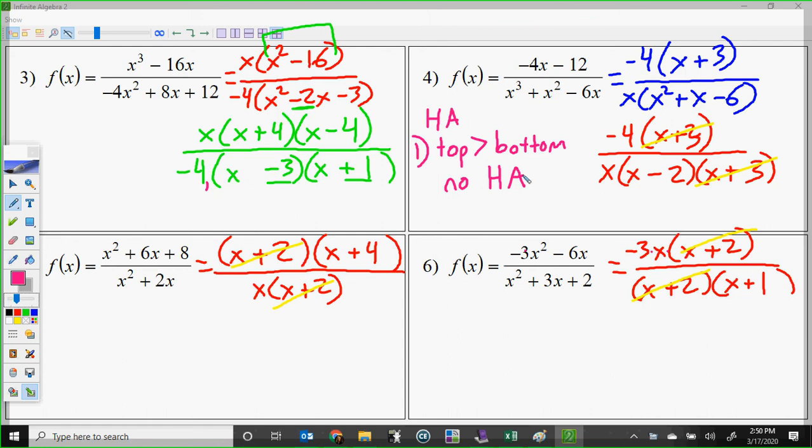I'm looking down here at number 6, nope. 5, nope. 4, nope. 3, yes. 3 is greater than 2. So this one has no horizontal asymptote because the exponent of 3 in the top is greater than the exponent of 2 in the bottom. Okay, so that's case number 1.